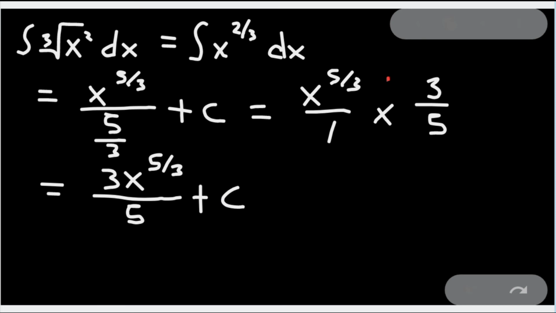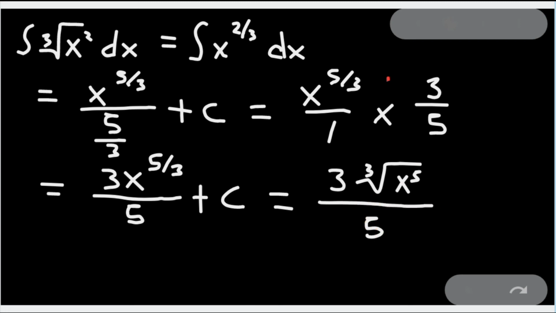And we can convert this exponential form into radical form. So what we do is just simply 3 times the cube root of x raised to 5 over 5 plus c.